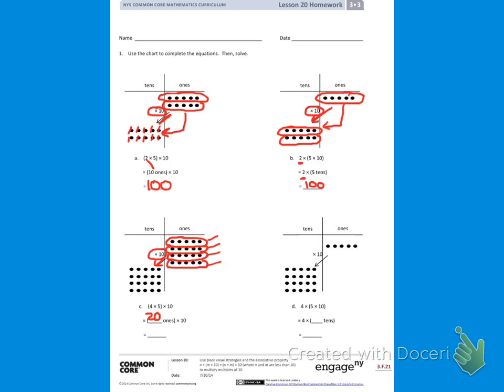Well, I know that if I circle or make a 10, it would look like this. That's 20 tens. And when I was doing problems A and B, I learned that 10 tens makes 100. So I'll write that here. So 20 tens makes 200.